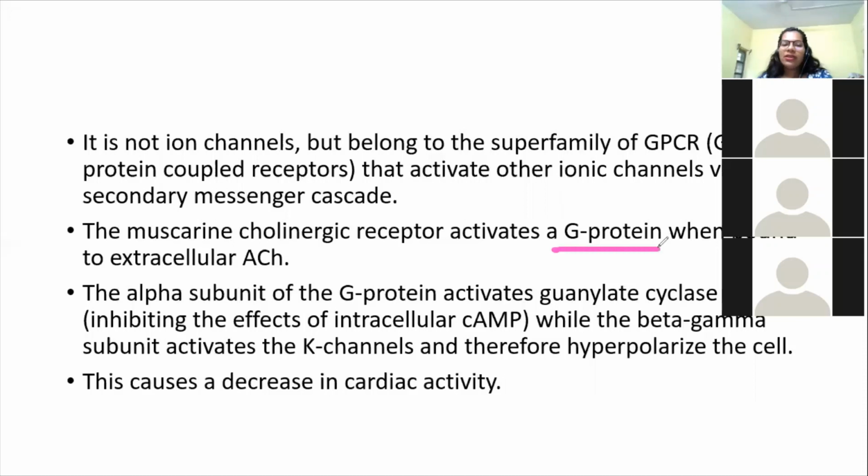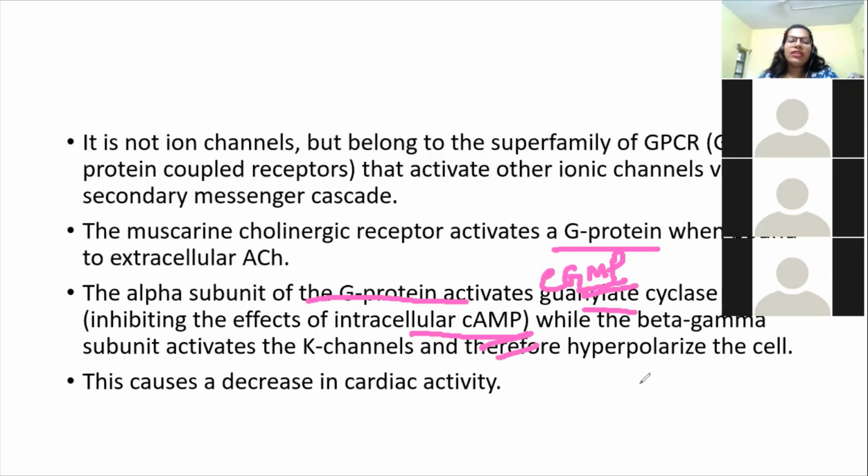So it activates your G protein, and then the alpha subunit of the G protein inhibits the intracellular cAMP. It means what? It is inhibiting the activity of the enzyme called adenylate cyclase, but increasing the activity of cGMP.